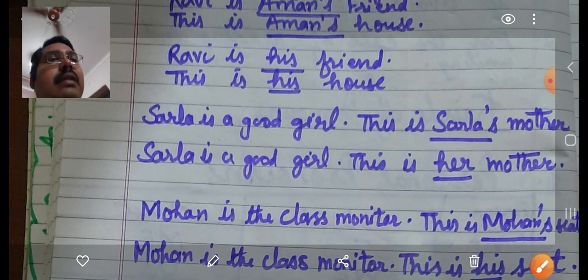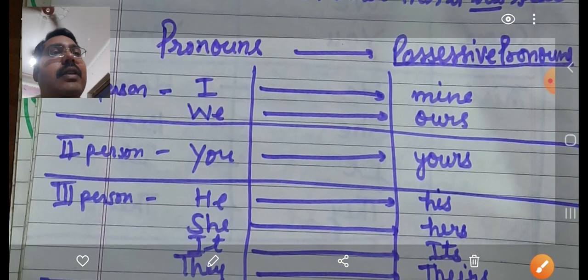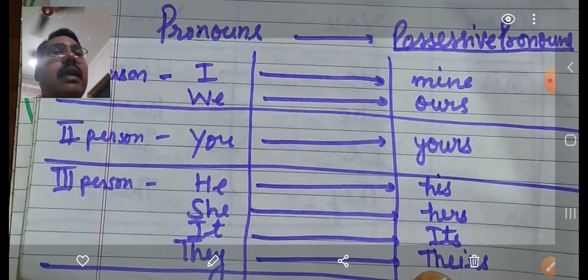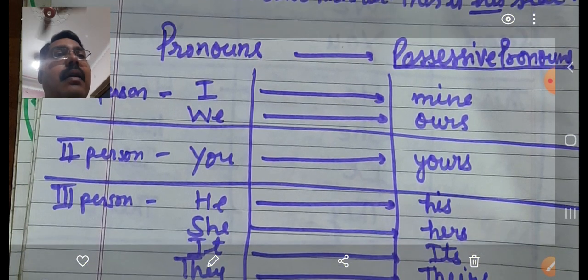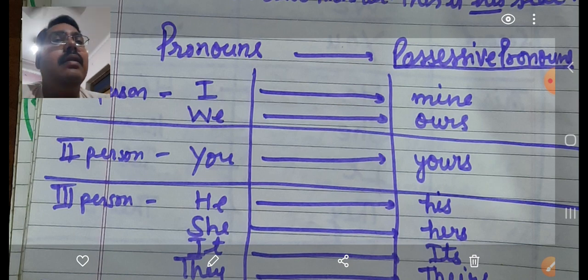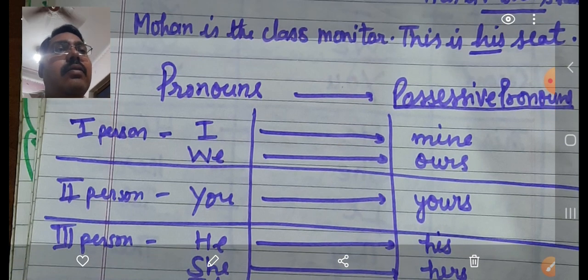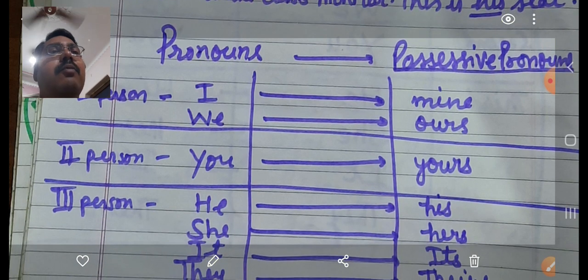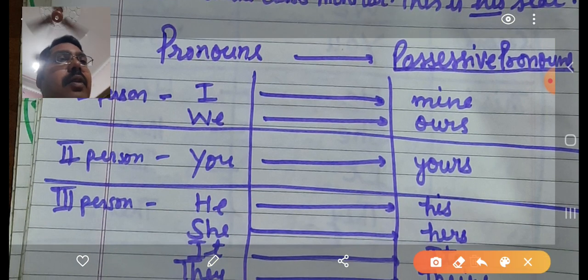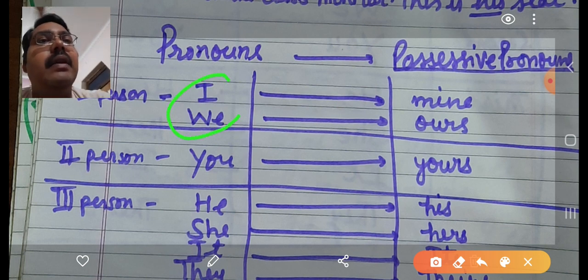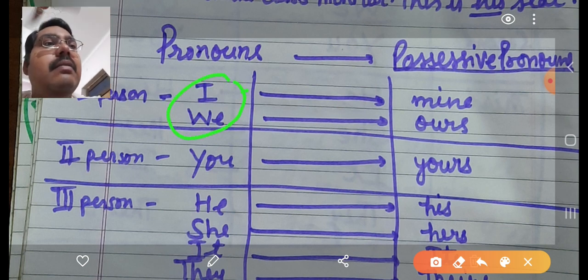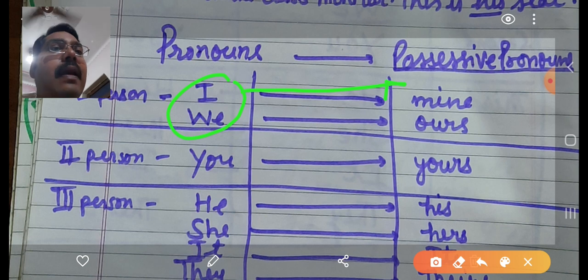Now let's see what the possessive pronouns are for different nouns. Here you can see pronouns and the possessive pronouns. The first person pronouns are I and we. I's possessive pronoun will be mine, and we's possessive pronoun will be ours.